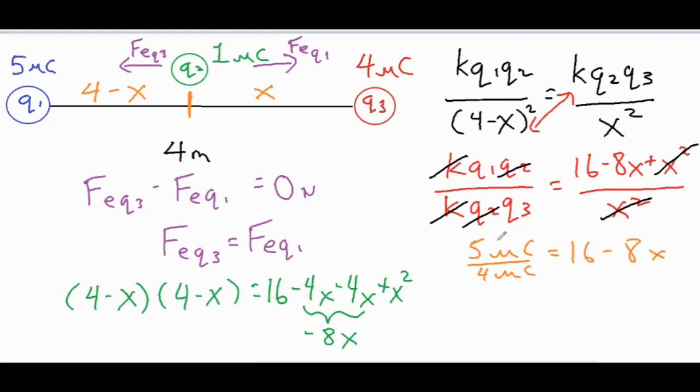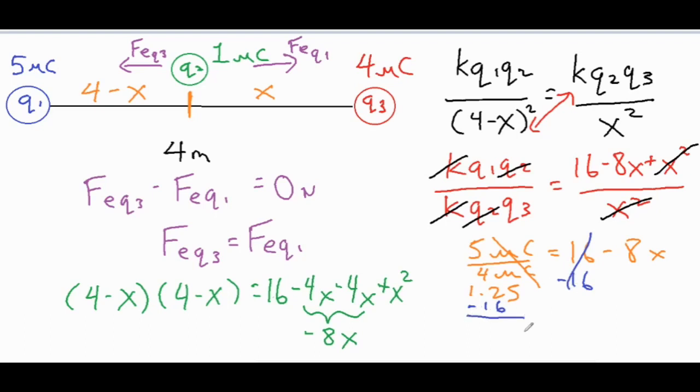And that works out nicely because the microcoulombs is going to drop out, and 5 over 4 is 1.25. So we can subtract 16 from both sides.